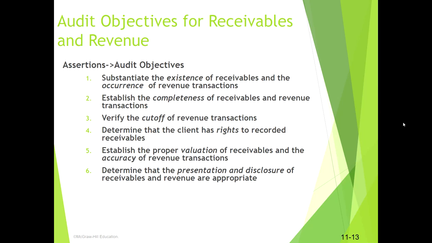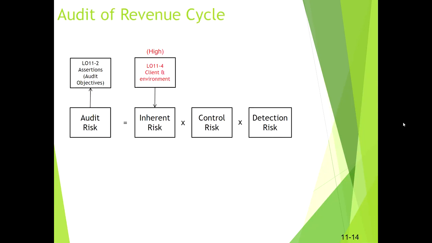Valuation becomes important as far as the allowance account and the bad debt expense estimate that comes as part of that process, making sure that net accounts receivable is appropriate. And so again, we're going to do tests for all of these audit objectives, but we're definitely going to spend more time on existence and cutoff and valuation probably than the other 3.